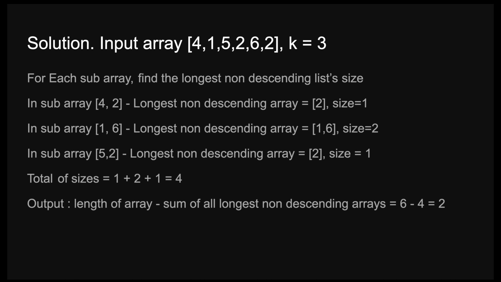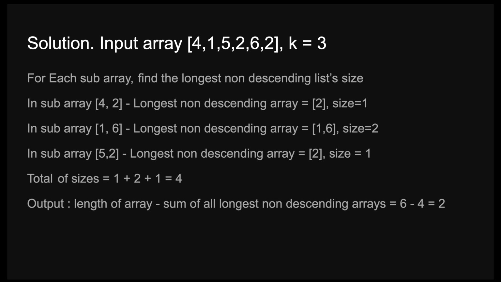Let's look at an example. Firstly, for each subarray, we need to find the longest non-descending list size. So the first subarray is 4, 2 and the longest non-descending array is 2 and its size is 1. At index 1, the subarray is 1, 6 and the longest non-descending subarray is of size 2.